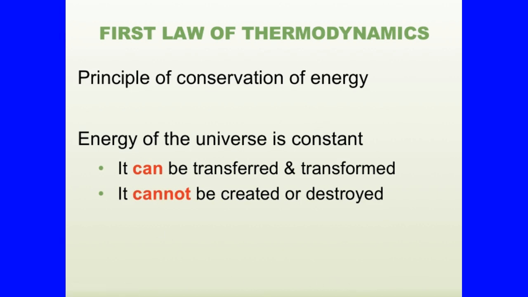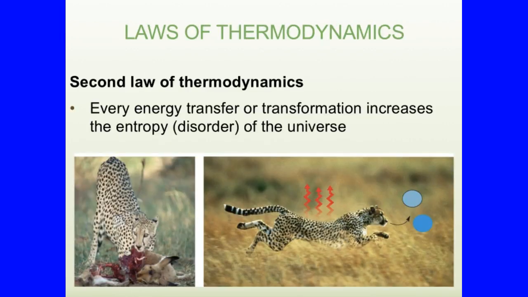Now the second law of thermodynamics is talking about energy transfer as well. Energy transfer or transformation increases the entropy or the disorder or chaos of the universe. So in other words, as energy is getting transferred, let's say right here we have this consumer actually eating this prey right here.